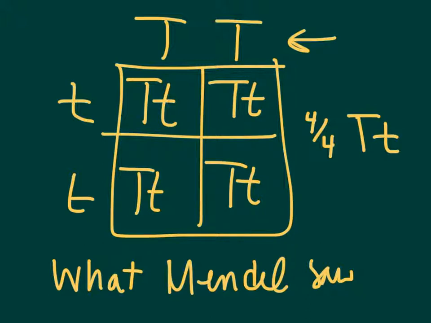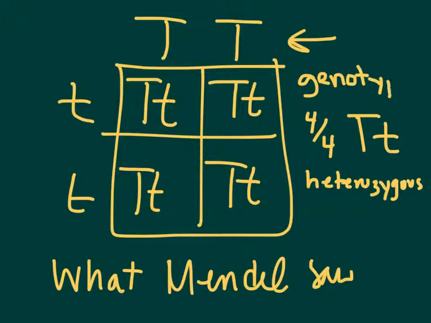So they are 4 of 4, capital T, lowercase t, or heterozygous. And that's genotype. But remember, Mendel had no way to see the genotype.